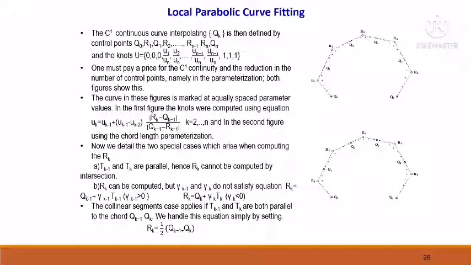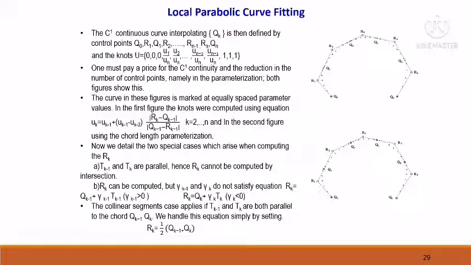Case A, Tk minus 1 and Tk are parallel, hence Rk cannot be computed by intersection. Case B, Rk can be computed but gamma of k minus 1 and gamma of k do not satisfy the equation Rk equal to qk minus 1 plus gamma of k minus 1 tk minus 1 when gamma of k minus 1 is greater than 0, or Rk equal to qk plus gamma of k tk when gamma of k is less than 0.